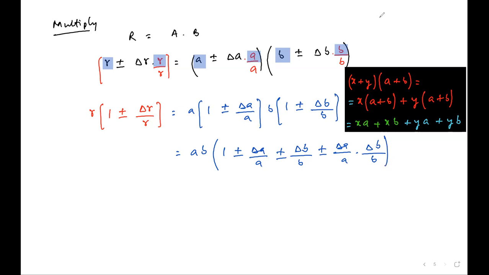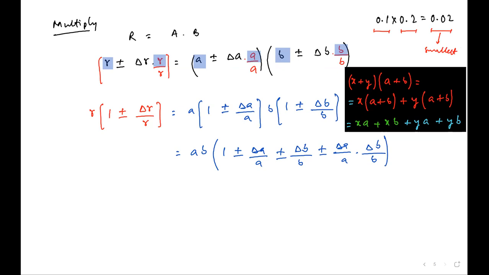Now just remember, if you have 0.1 multiplied by 0.2, your result would be 0.02. So if you compare the magnitude of each of these three segments, you will say this is smallest as compared to these.